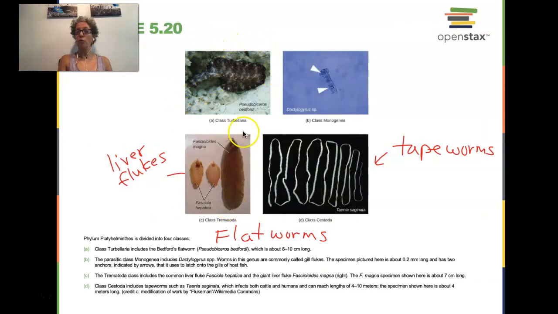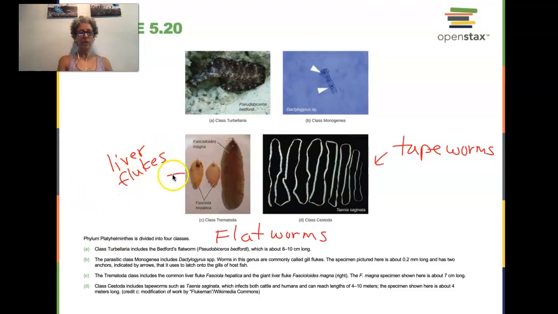A great variety of flatworms. The phylum is Platyhelminthes. Helminth means worm, and platy sounds like flatty, so these are the flatworms. Liver flukes I've pointed out here.